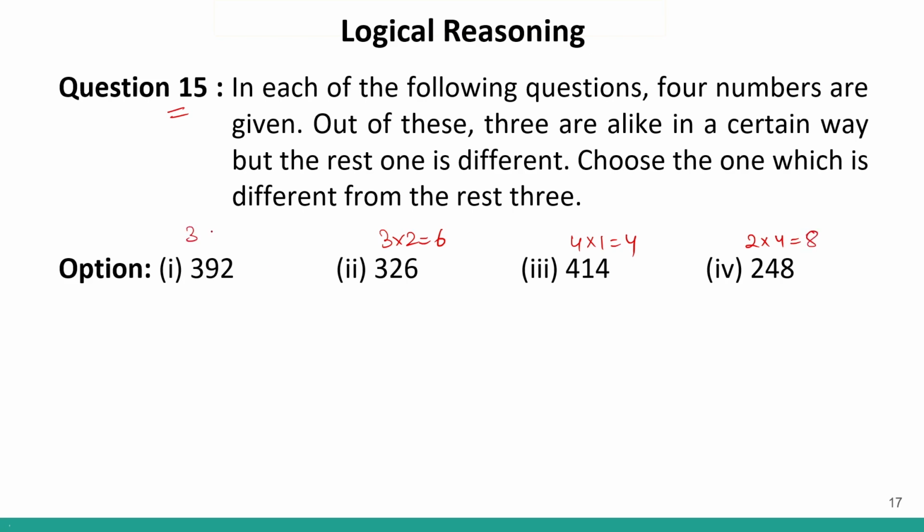But over here, 3 into 9 will give me 27 and not 2. So in each of these options, we are basically multiplying the first two digits to get the third digit. Correct? But this logic is not being followed in option number 1. Therefore, option number 1 will be the correct answer to this question.